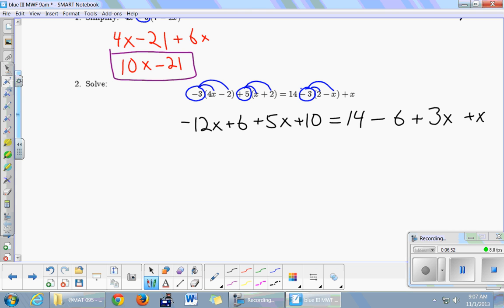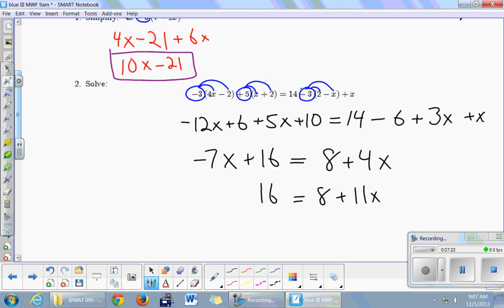So here's a question I could have put on the test. This is an old kind of problem now that we've gotten rid of that distributive idea. So we'll combine terms, negative 7x there, plus 16 there. Over there, I've got 8 plus 4x. I'm going to add the 7x to both sides because I like things to be positive. Next thing is to subtract what?